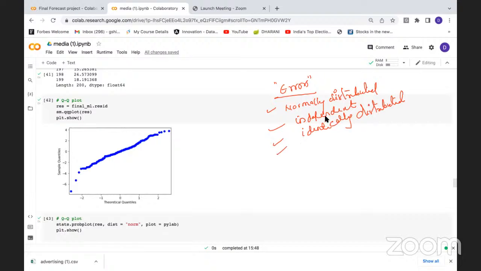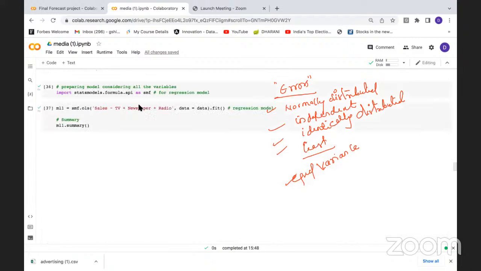Some of the errors should be least, and there should be equal variance. If you observe, we did a scatter plot.